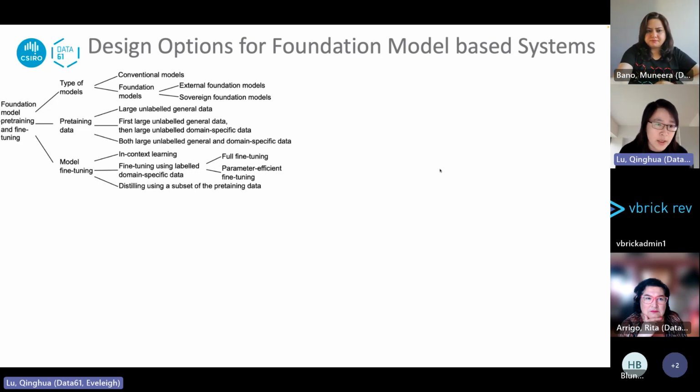We also analyze what kind of pre-training data can be used, for example, the large unlabeled general data or domain-specific data, and how you fine-tune the model using in-context learning, full fine-tuning, or parameter-efficient fine-tuning.